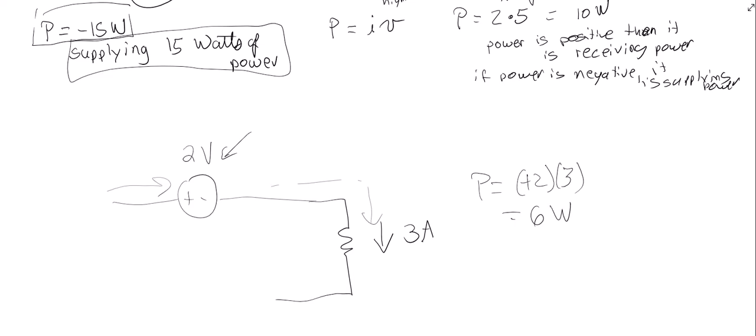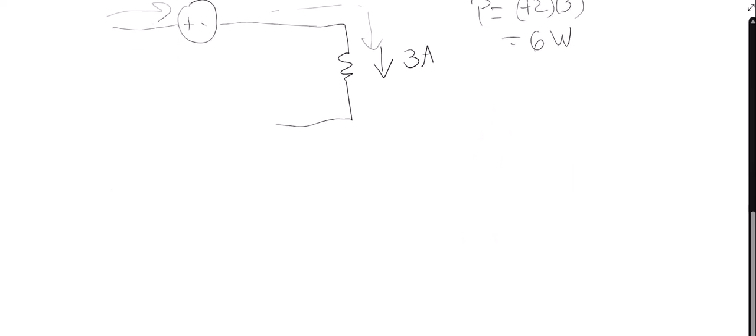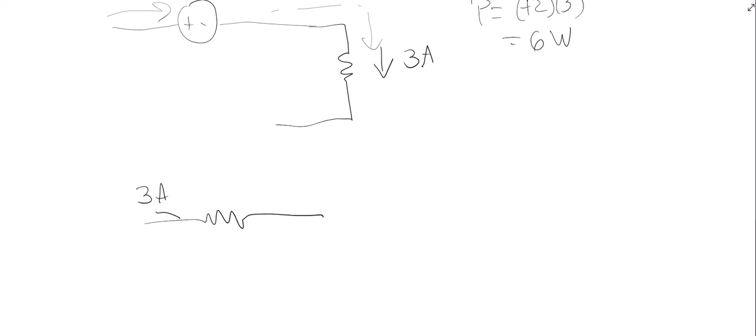And you can have negative current as well. So if you have current that's drawn like this, okay, so 3 amps, that's exactly the same as saying negative 3 amps.